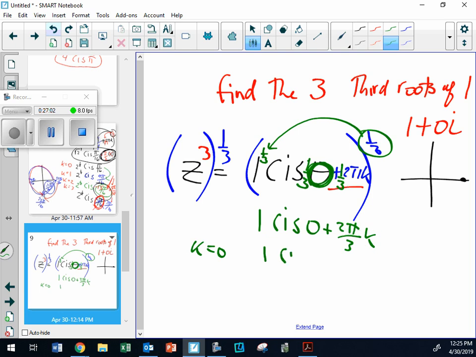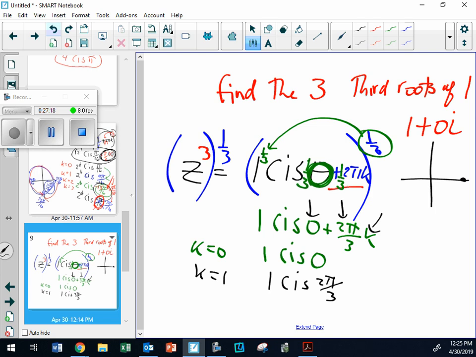And when k equals 1, I'll stick a 1 in here, and then 0 plus that is super awesomely easy. 1 Cyst 2 pi over 3.